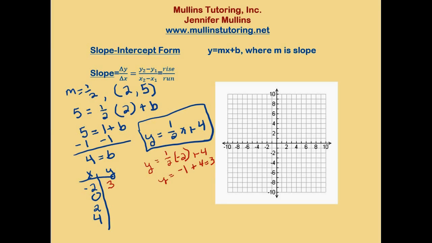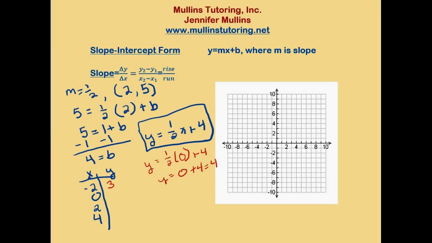I'm going to go through and do it with my other values. When x is 0, I want to solve: 1/2 of 0 is 0, plus 4. So my value for y in this equation would be 4.